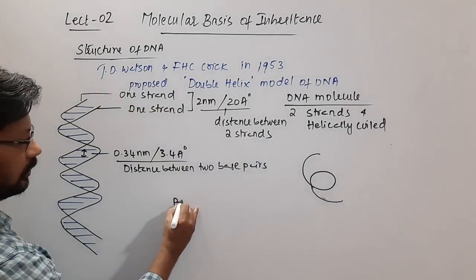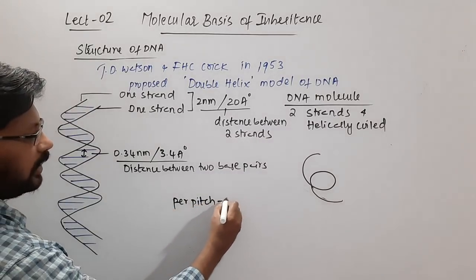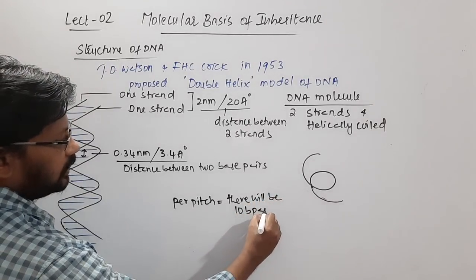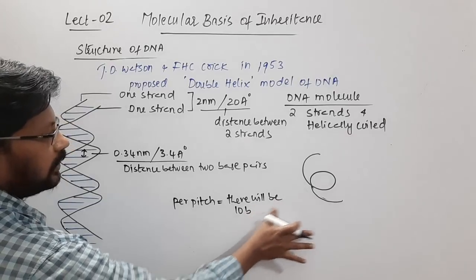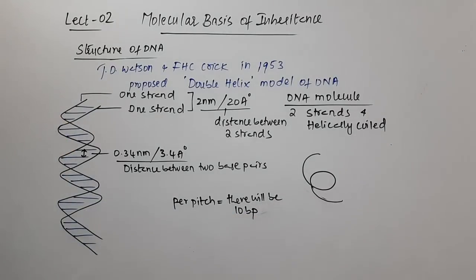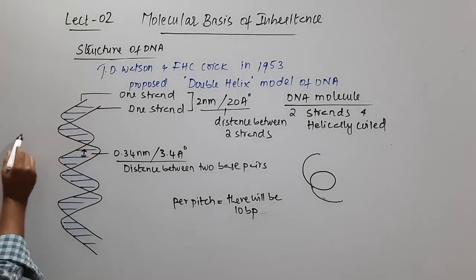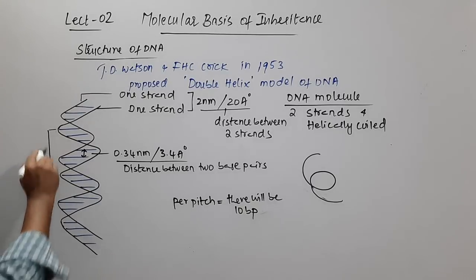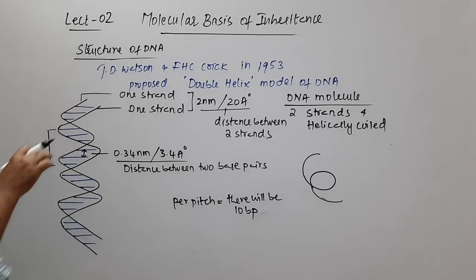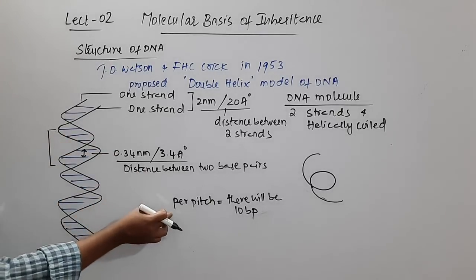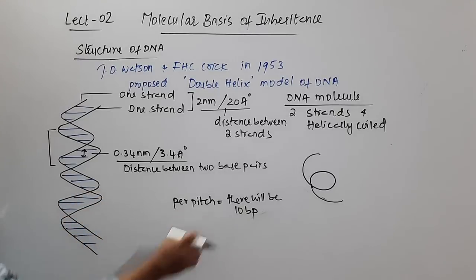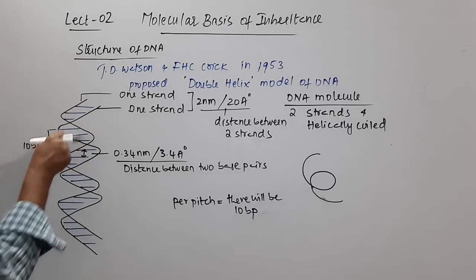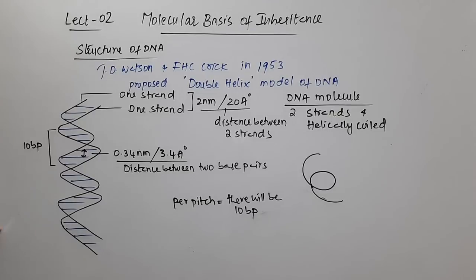So per pitch there will be 10 base pairs. Even though here I did not mention that many, we need to think that per one pitch, that is per one coil, there will be 10 base pairs.